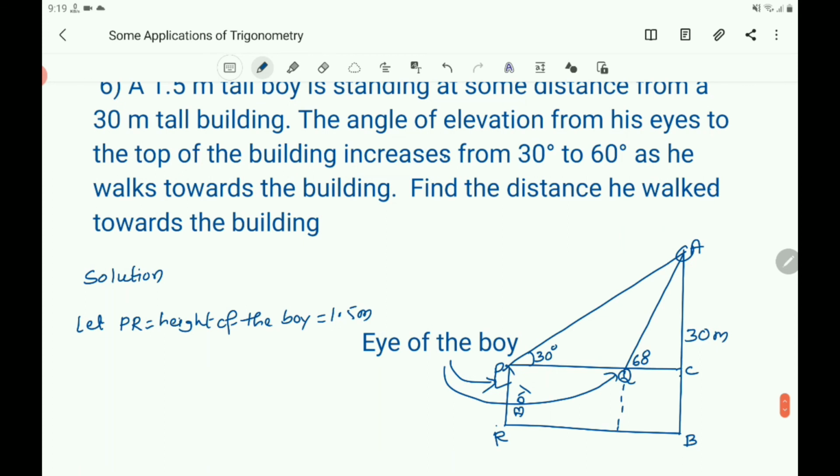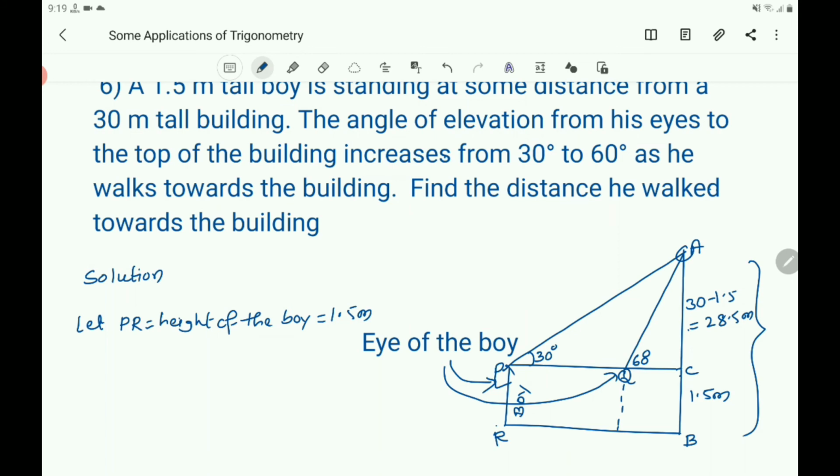Here it is 1.5 m, and the total height of the building from A to B is 30 m, and this distance AC is 30 minus 1.5, that equals 28.5 m.